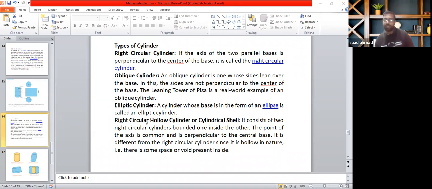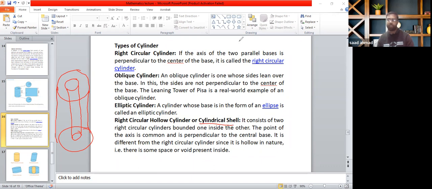And then the right hollow cylinder. We might have seen something like that. Let's say there's a shell, where the center part is empty, the center part is hollow. So this one is a hollow cylinder, or a cylindrical shell.